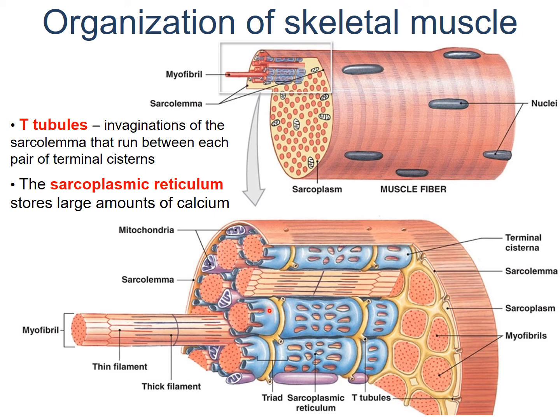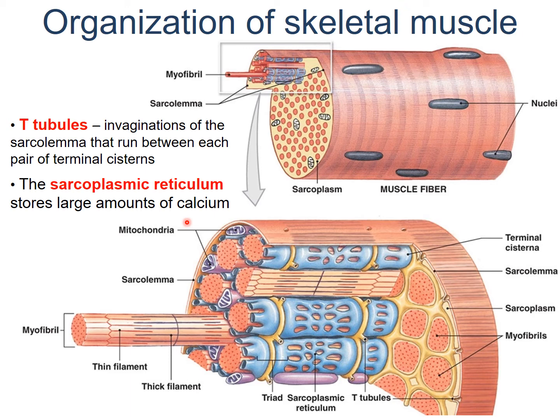Here is part of a second sarcoplasmic reticulum. Here is part of a third sarcoplasmic reticulum. Okay, so along all of the myofibrils within a skeletal muscle fiber, you have many sarcoplasmic reticulums. Okay, the purpose of the sarcoplasmic reticulums is to store calcium.